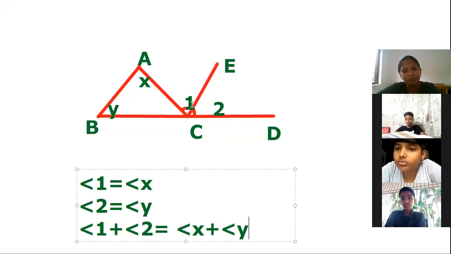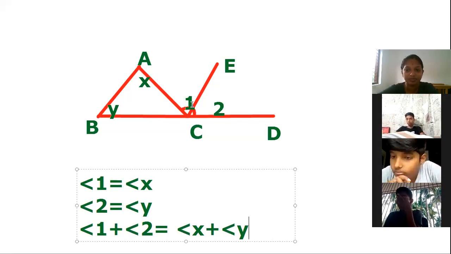Here, angle 1 plus angle 2 is the exterior angle at C, and which is equal to angle X plus angle Y. Angle X and angle Y are the interior angles at A and B. Did you get the concept?